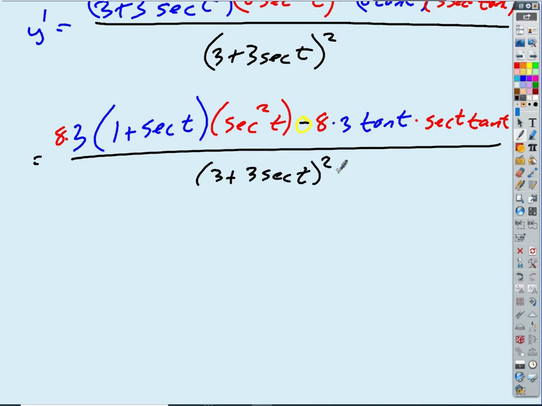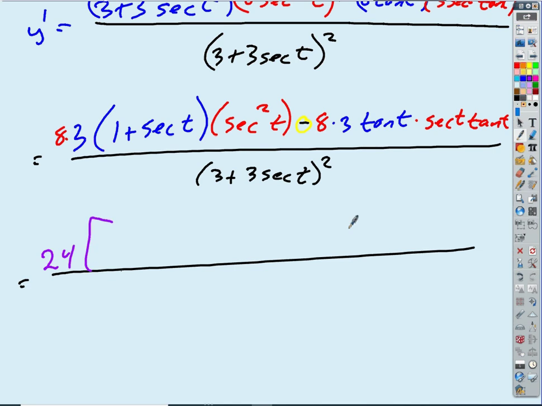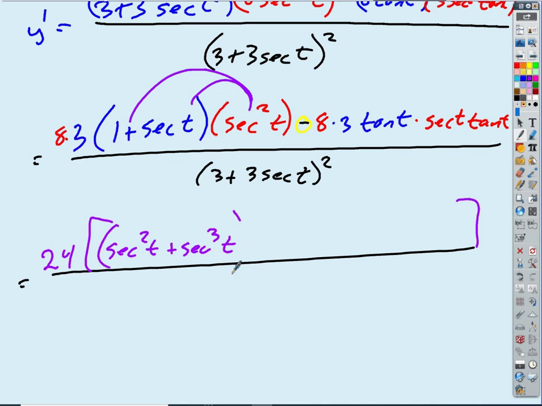So now we could factor this 24 out of these 2 terms. And so we're going to get 24 times this stuff, right? So if I distribute there, I'm going to get secant squared plus secant cubed, minus, I'll go ahead and put parentheses around that, just so we can track that minus sign, there it is.